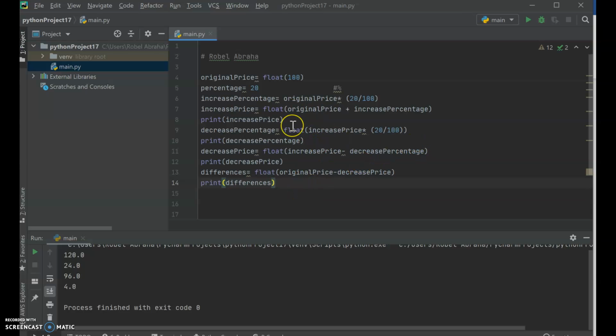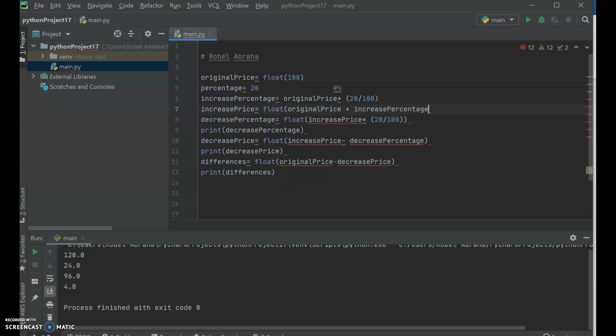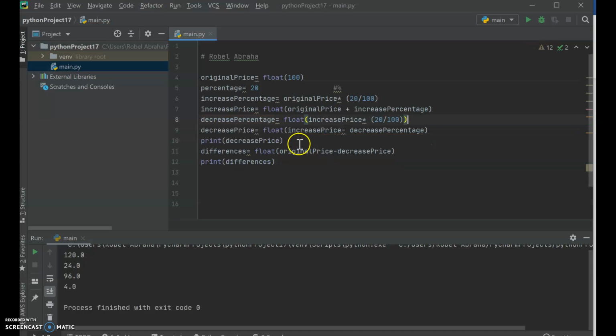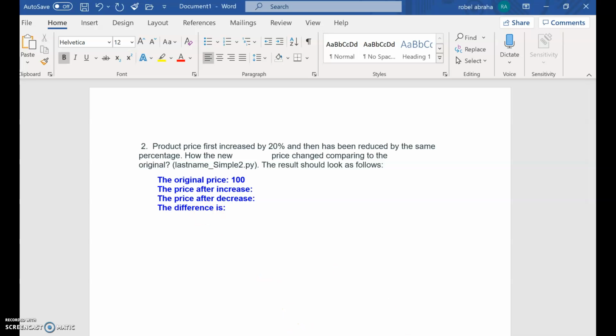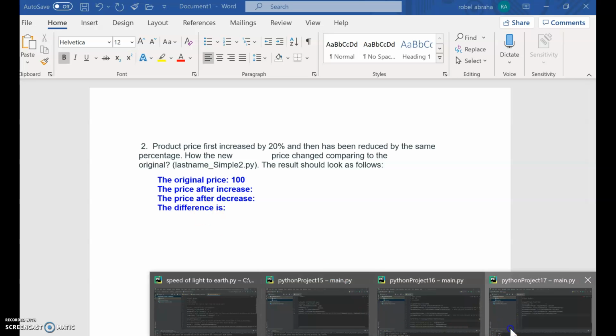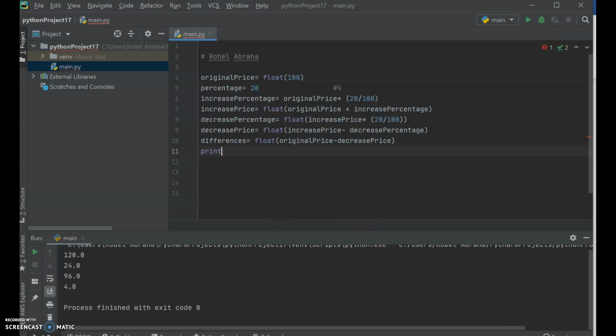So now let's rearrange our code. Let's print, following the instruction, the original price.